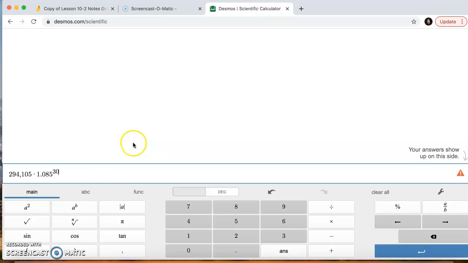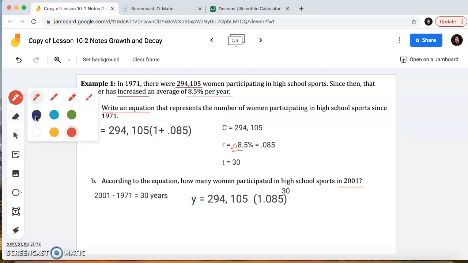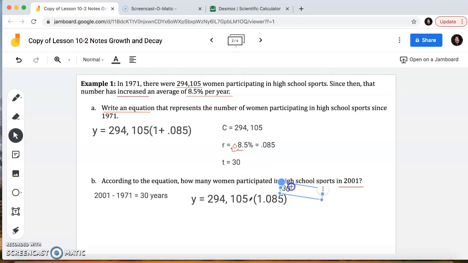See how that doesn't seem to be giving me the right answer? You have to put a parenthesis around the second part, just like this does. So see how mine looks pretty much just like this. Just know that between these is an invisible multiplication sign.